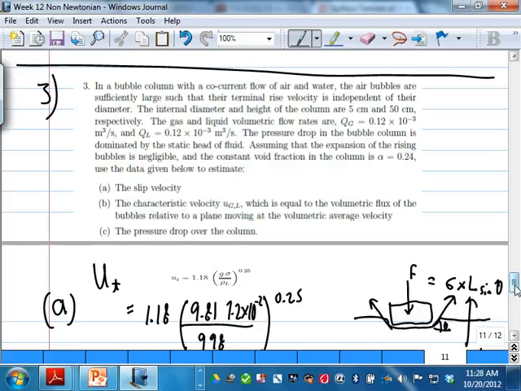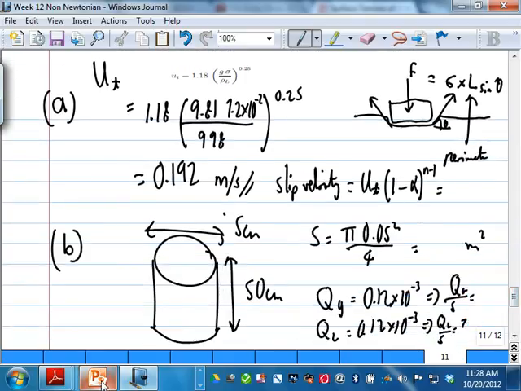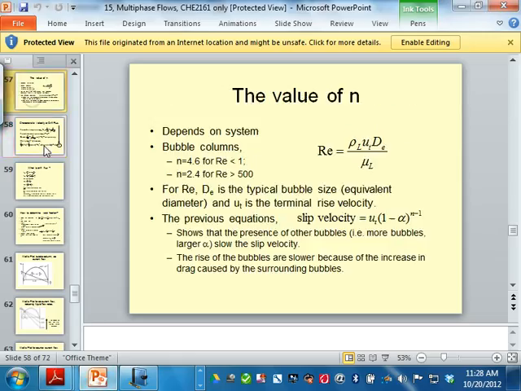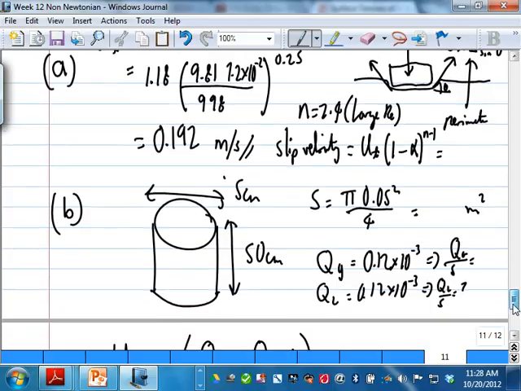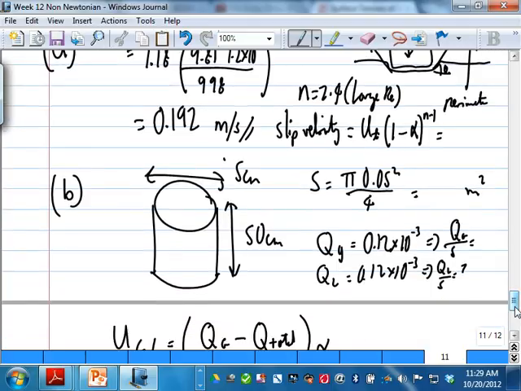I believe you can choose n from here. The Reynolds number is not small, it's moderate to large, so we can take n as 2.4. Here n equals 2.4 for large Re. Sorry, my mistake.